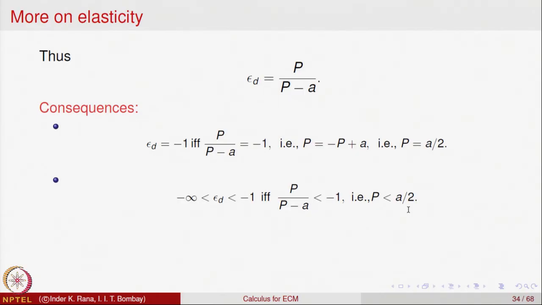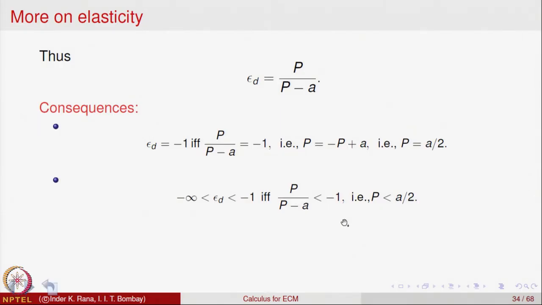So, when the price is less than the number A by 2, the coefficient of elasticity is very responsive. A small change in price will result in a much bigger change in the quantity demanded.